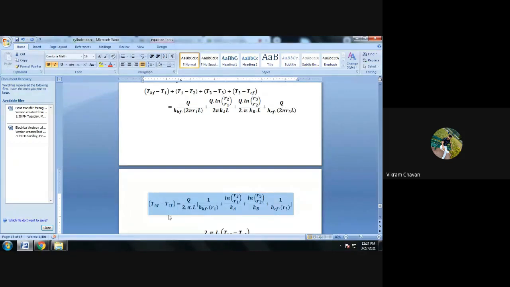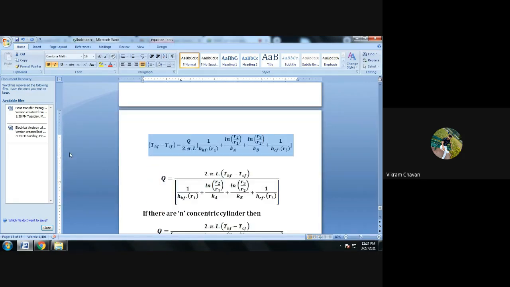Now we have to convert this equation into the form of Q, because we have to determine the heat transfer rate in the composite cylinder.